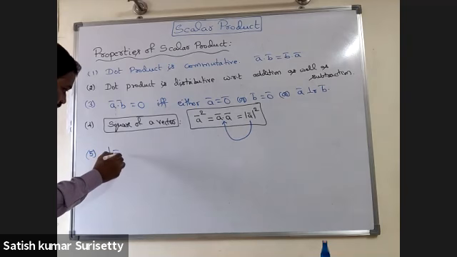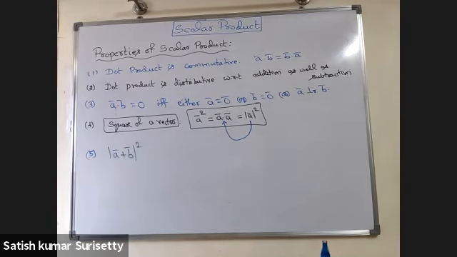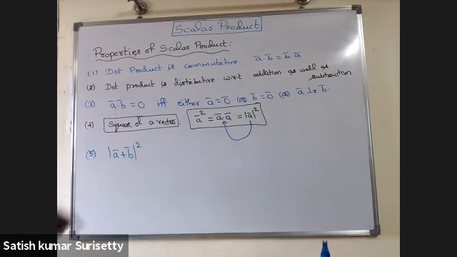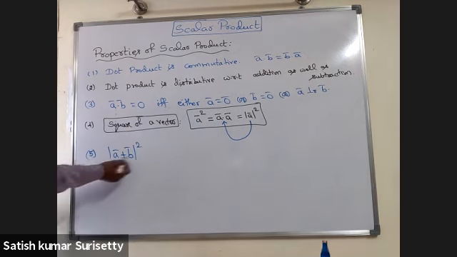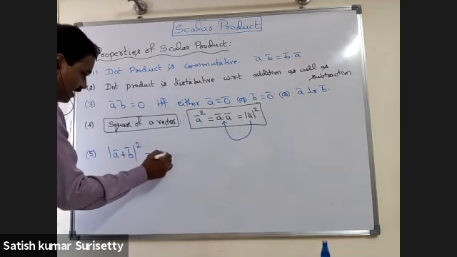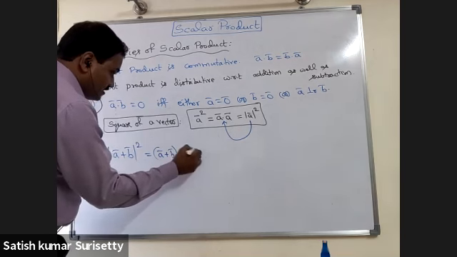Modulus of A bar plus B bar whole square. If I want to derive the formula for this, use the previous definition. It is in the form of modulus of A square, so I can write this as A bar plus B bar dot A bar plus B bar.